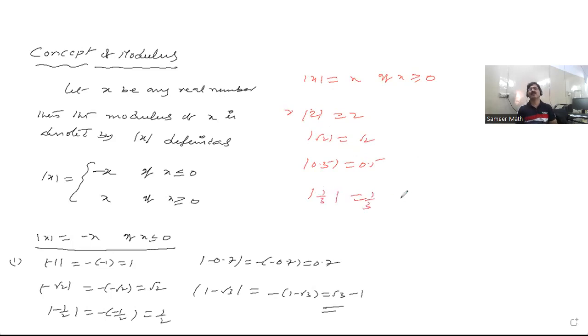We will get the same as it is. Suppose I say 2 minus root 3, of course we will get 2 minus root 3 only, because root 3 value is 1.732. Now I want to tell you some more points related to this.